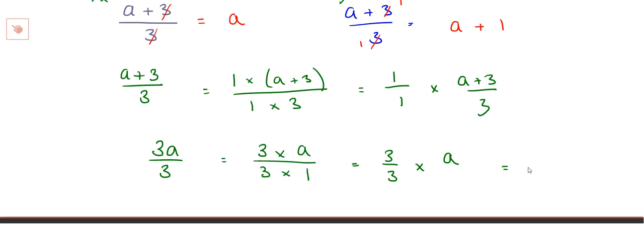It's not nothing, it's 1. 1 times a, so we just write a. And that is when people go, oh, cross and cross, boof, they're gone, right? And it works for that case, but if that's the way you understand it happening, it won't work for the other cases, right?